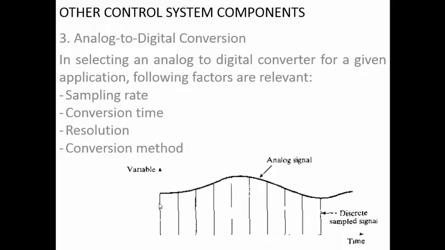So to complete one set of conversion of all the 5 signals, the analog to digital converter requires 5 into 5, that is equal to 25 seconds. So the sampling period for a particular input has to be 25 seconds. So at every 25 seconds we have to make the sampling.